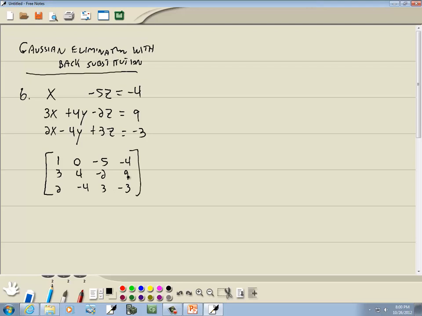I'll be going slow through this, double checking my signs. Looks good. Okay, first step, we want to get a 1 here. If that wasn't a 1, then we could divide everything in this row by that number. Like if this was a 2, I would divide everything in the first row by 2. But we're fine there.